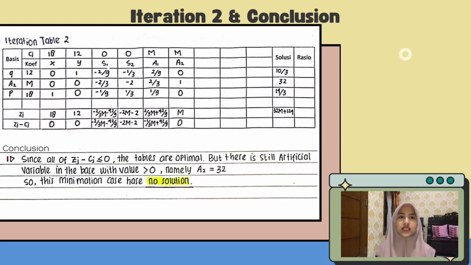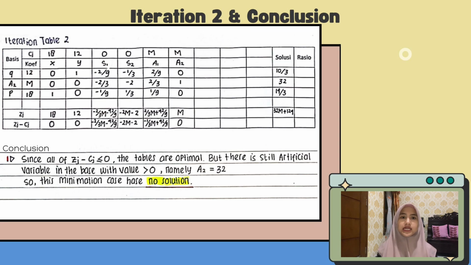After completing the iteration, we find that all zj minus cj less than or equal to 0, meaning the solution is optimal. However, the base is still artificial, so this case does not have a solution.